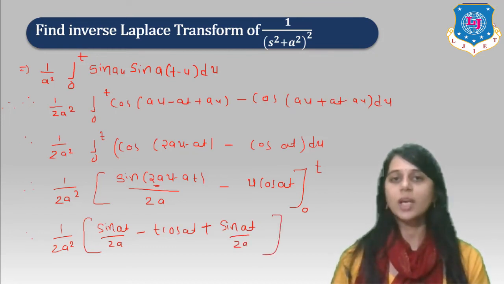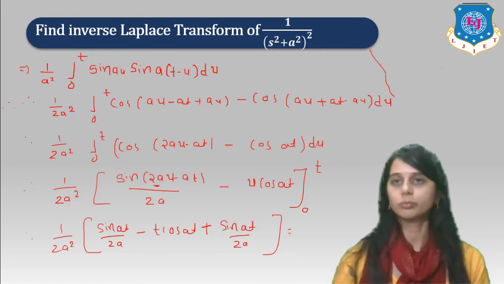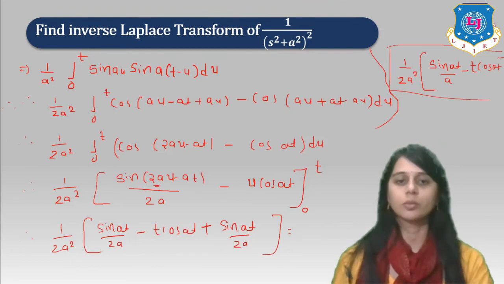So we get 2 sin at by 2a, and the result is 1 upon 2a square times (sin at upon a minus t cos at). Sin at plus sin at, so it is sin at by a minus t cos at. This is the last answer. So this is the convolution theorem.